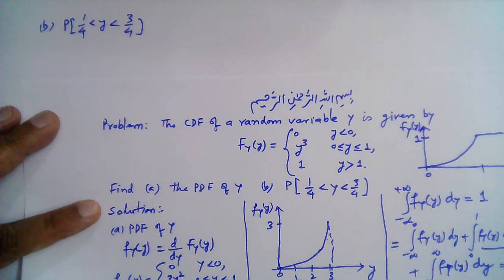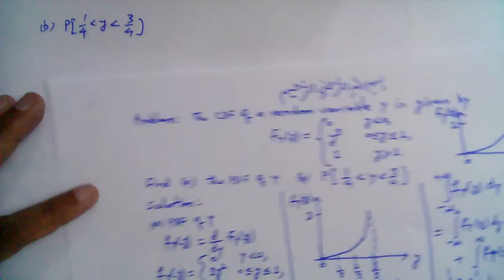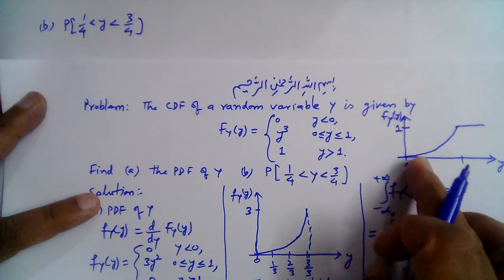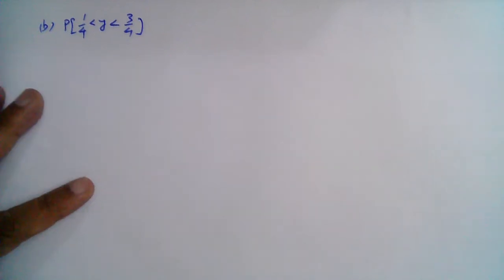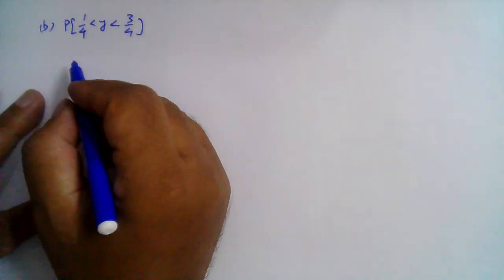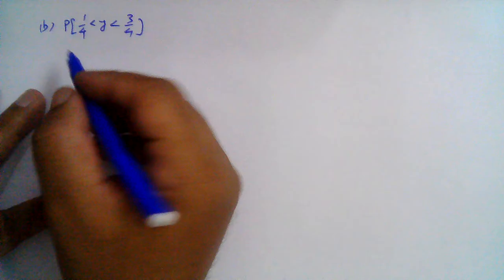So we can find this probability using two methods. We can find the probability using the CDF given here, and we can also find the probability using the PDF. So let's find this probability using both ways. Let's find the probability first using the CDF.